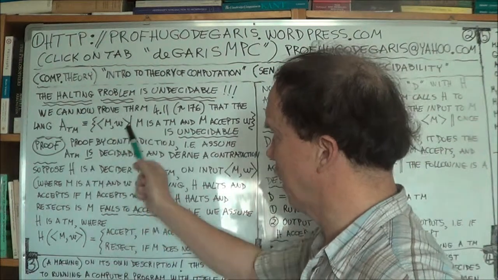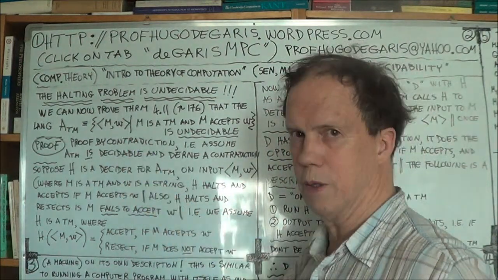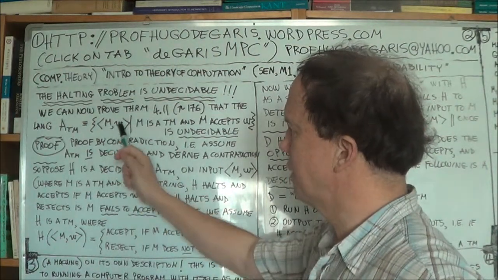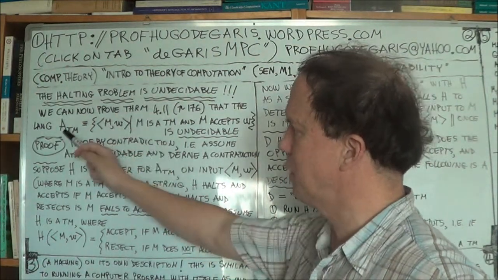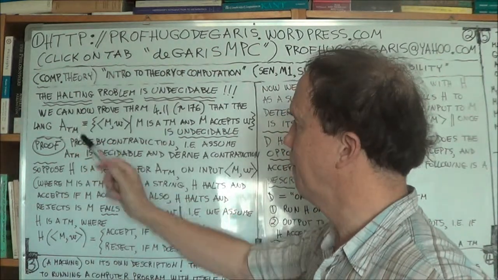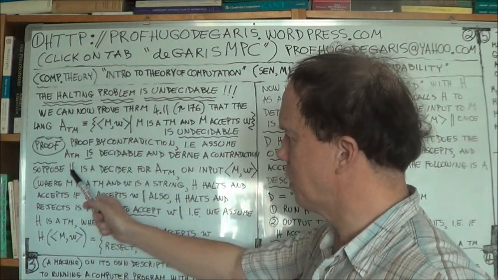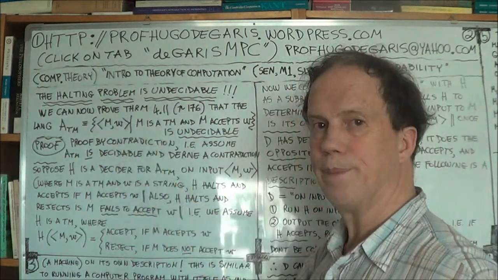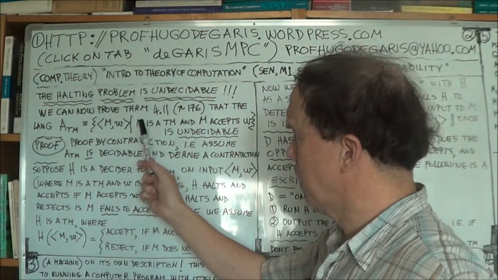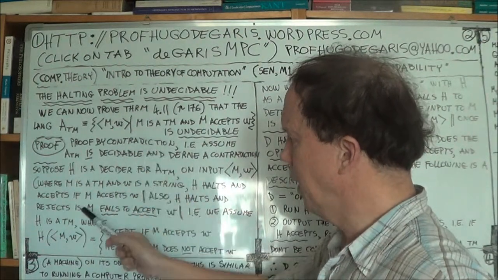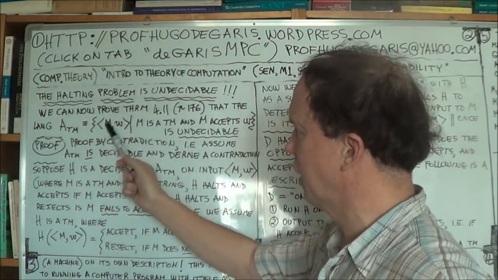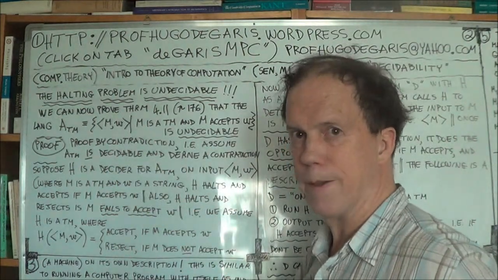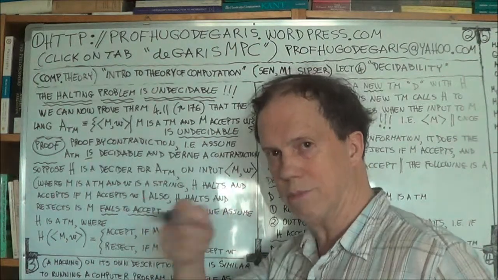H will accept this string if M accepts W. Make sense? If M accepts W, then it's a member of this language. But if H is to decide this language, it has to accept this string. And so H accepts this string if M accepts W. Hope you follow that. If not, rewind.